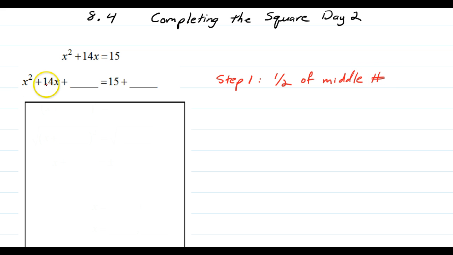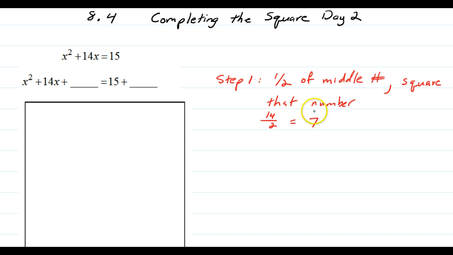So here, half of 14 is 7, and then we square that number. So half of 14, 14 divided by 2, equals 7.